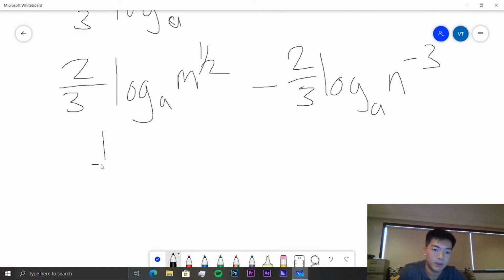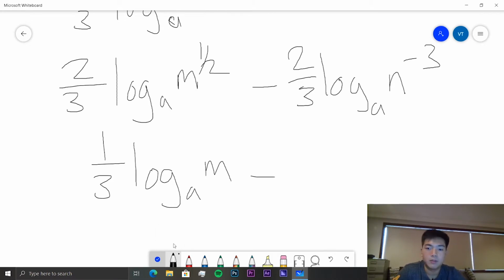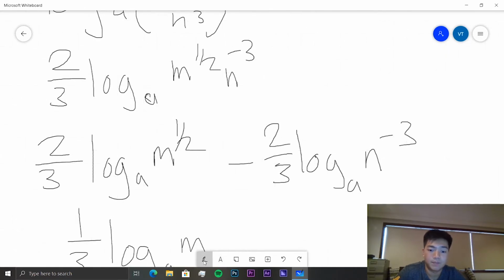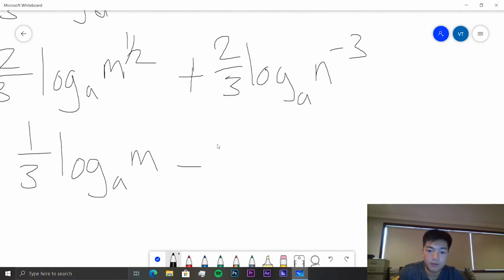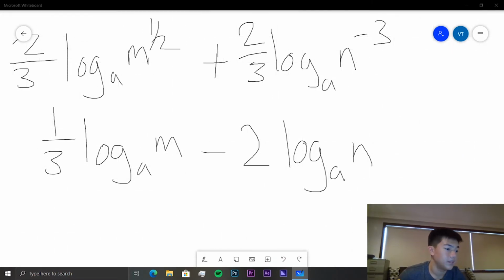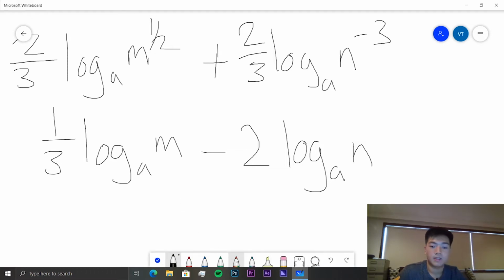So this is equal to 1/3 log base a of m minus 2/3 times -3, oh sorry, this should be plus still. So this is equal to -2 log base a of n. So yeah, this should be the correct answer. Yeah, that's correct.